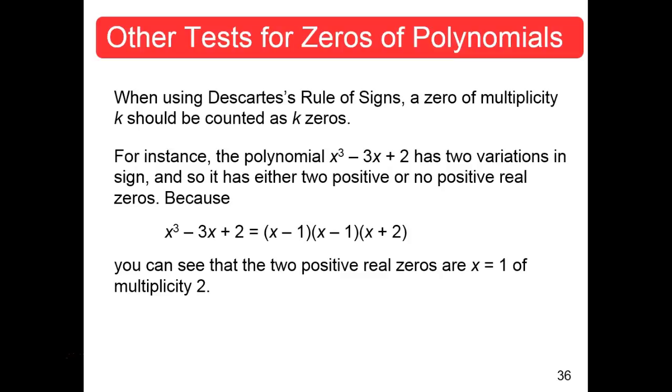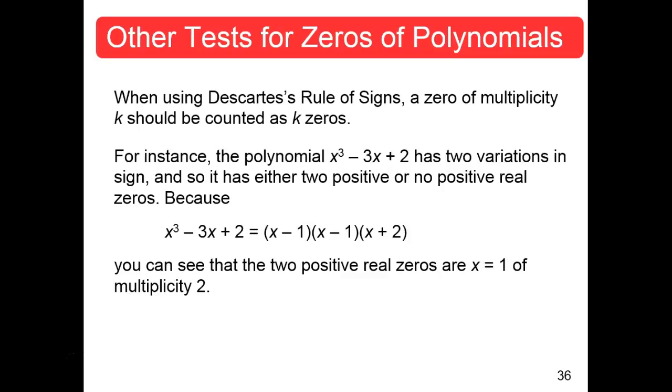Okay. Now, if you're going to see about negatives, you put a negative x in. What does that become? If you plug a negative x in for x, cube it, what do you get? Negative x cubed. If you plug a negative x in for x here, you get plus 3x. That gives you a change of sign, right? Negative to plus.